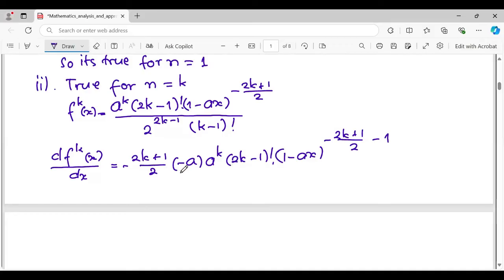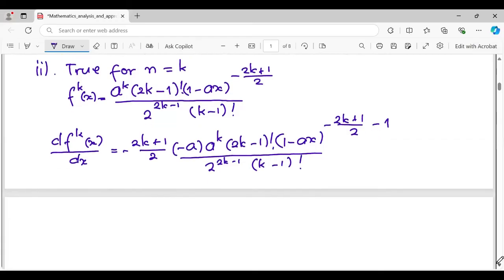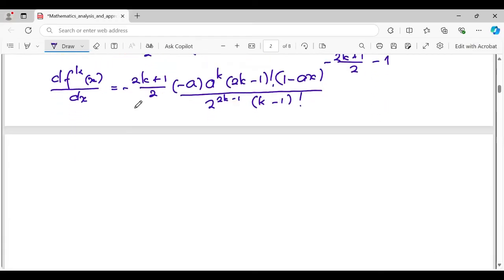Oh, sorry, over 2 power 2k minus 1 times k minus 1 factorials. All right, so we continue here.